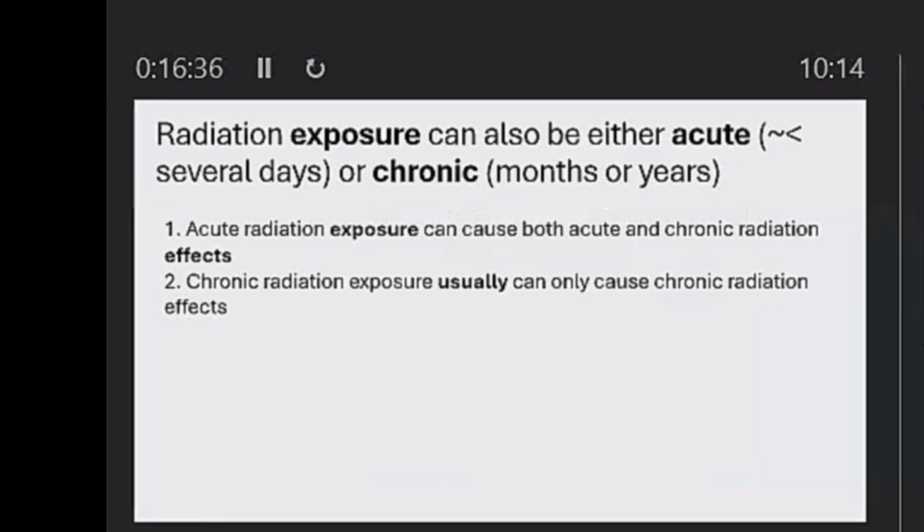Chronic is if you're a radiation worker working in a hospital, an X-ray tech working a PET machine or whatever, you're going to get a sustained dose really throughout your career. That's chronic. And then you have effects, right? You have acute radiation effects and chronic radiation effects. And we'll get into those later.